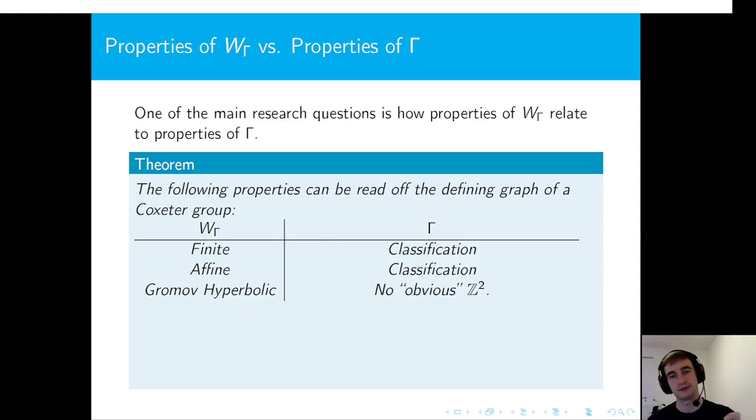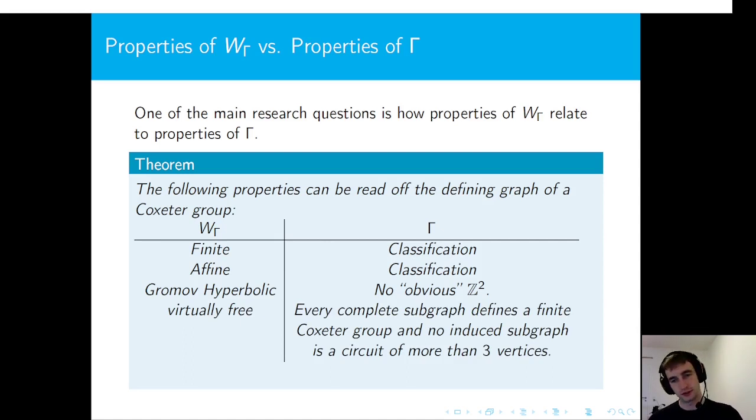And you don't want gamma to contain a big affine subdiagram, because if you remember, these affine Coxeter groups act nicely on Euclidean space. Well, if this Euclidean space is very big, then you always get a copy of Z square, and then you can't be Gromov hyperbolic. So essentially, you don't want an affine subdiagram which has three or more vertices.